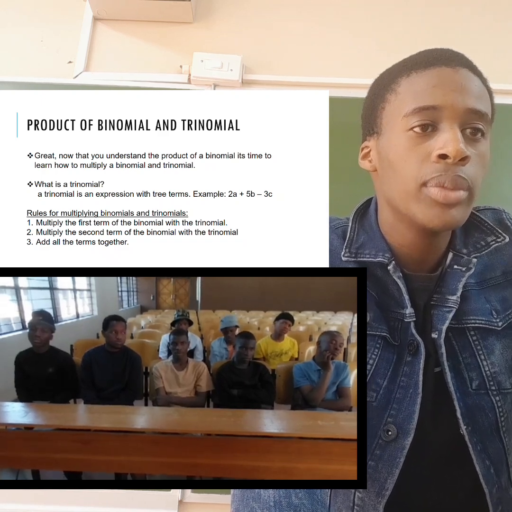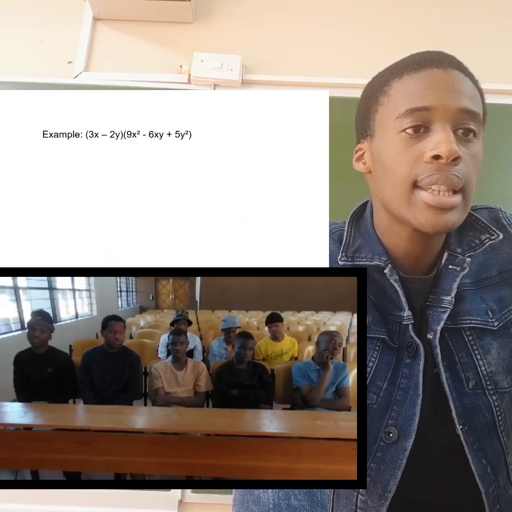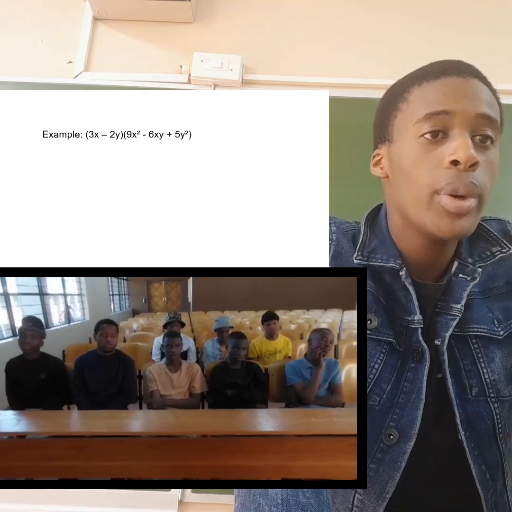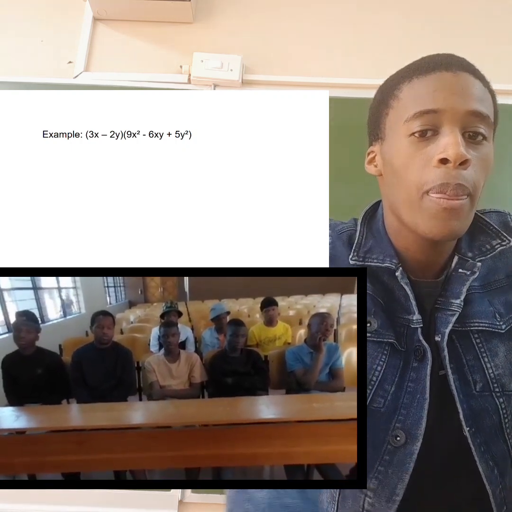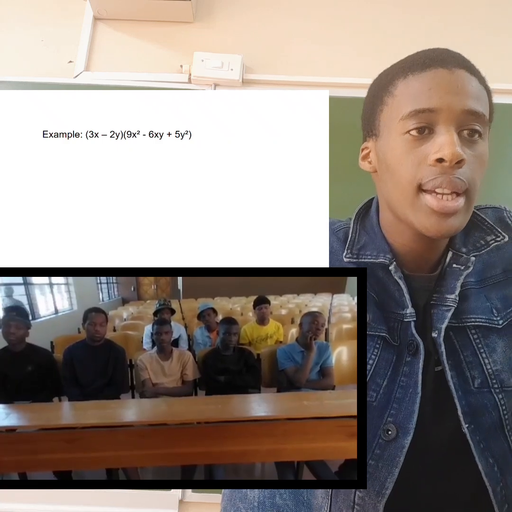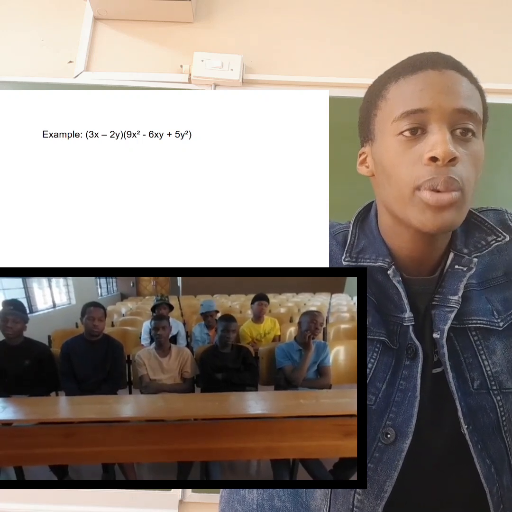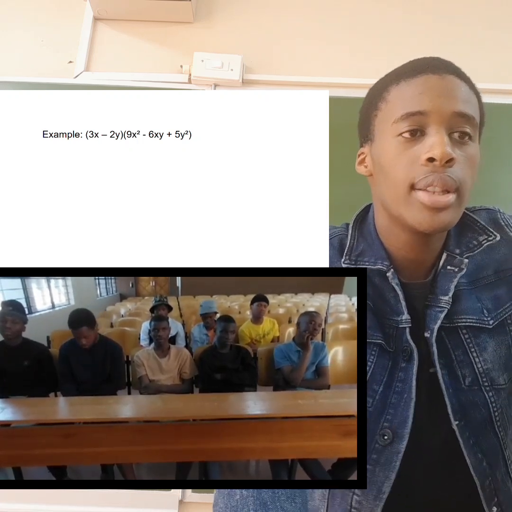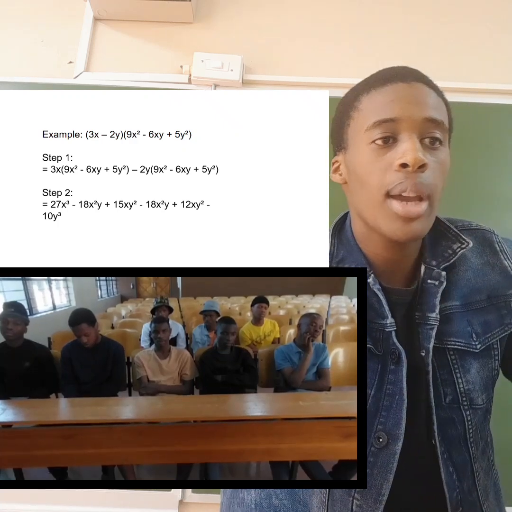For example, if we have a binomial 3x minus 2y, which is multiplied by a trinomial 9x squared minus 6xy plus 5y squared. So how do we do that? First things first, step 1.